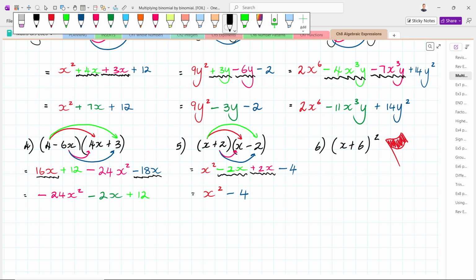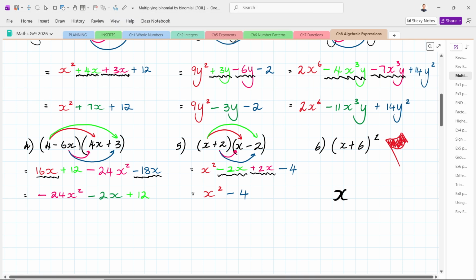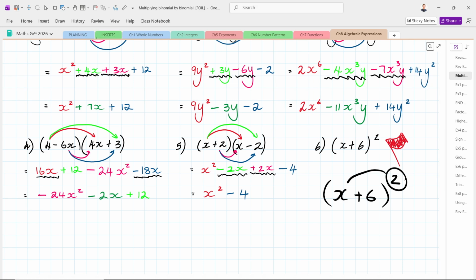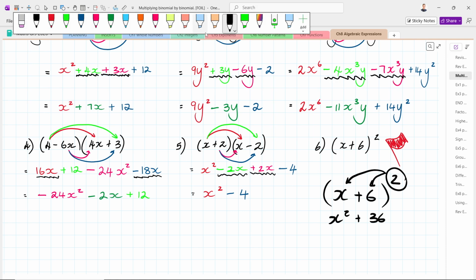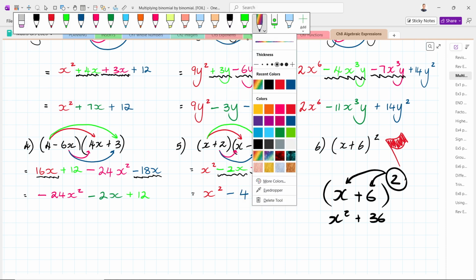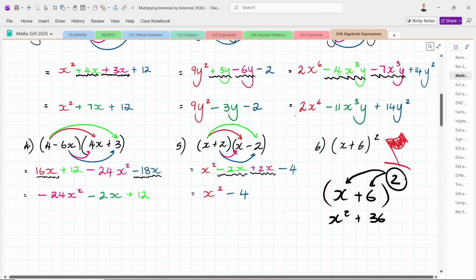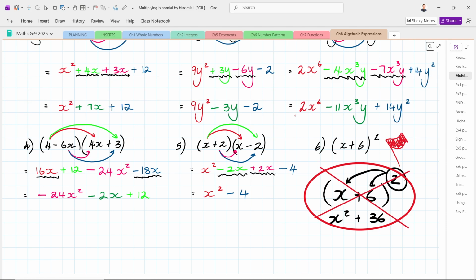I see this far too often, where you try and use your exponential laws, giving the x squared, giving the 6 squared, which is 36. And all I can say there is a big resounding no. This is not how this works.